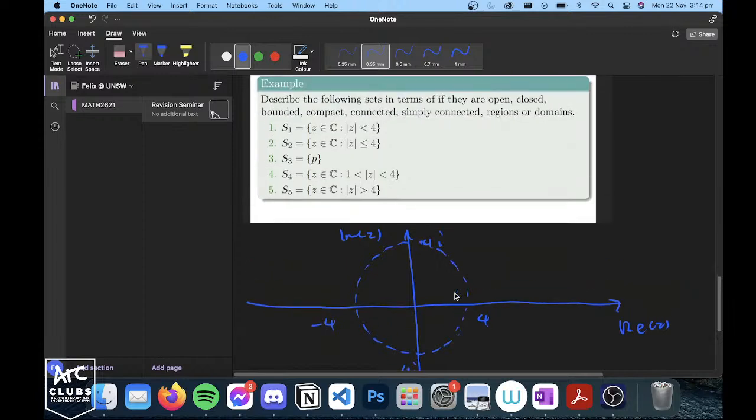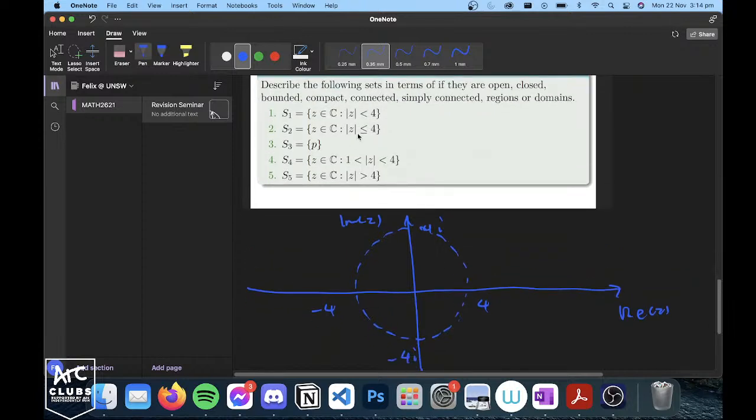And so this is basically what it looks like, right? Every point in this set here has a modulus of less than 4 because we've outlined the boundaries.